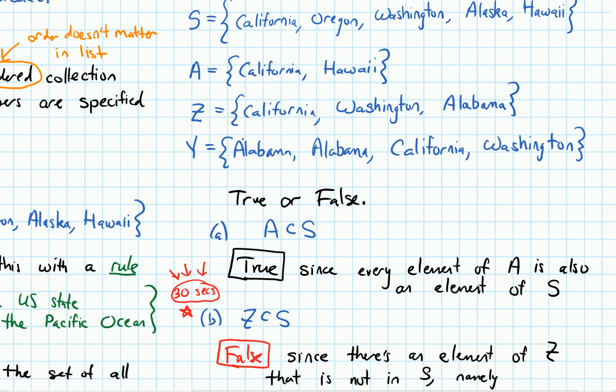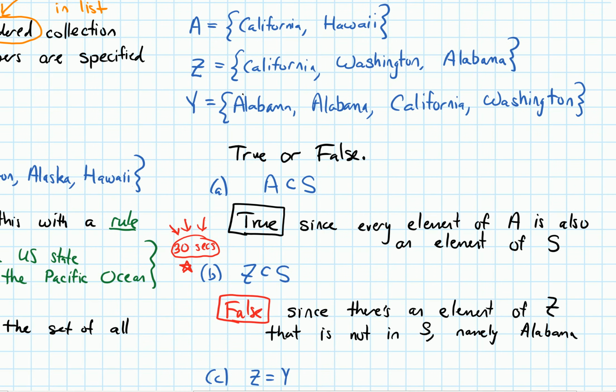It's Alabama. So even though California and Washington happen to be in S as well, Alabama is not in S. So Z is not a subset of S. So if I wanted to notate that, we would say something like Z, the symbol for subset, I put a slash through it, that means it's not, and then I'd write S.